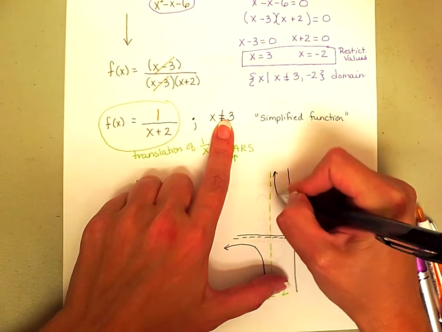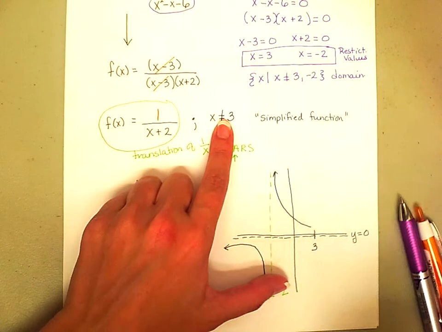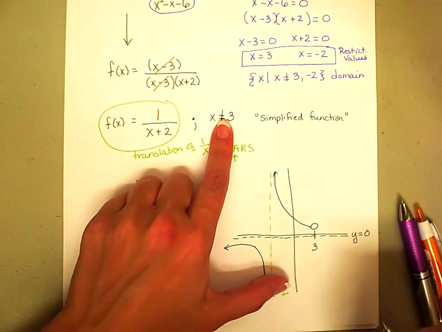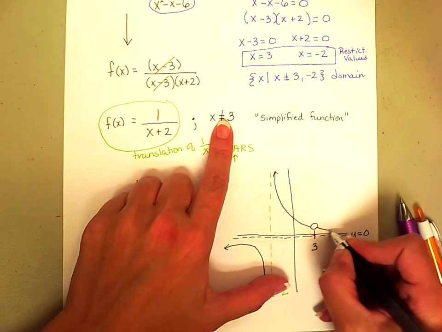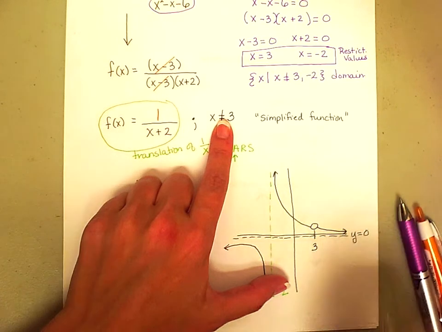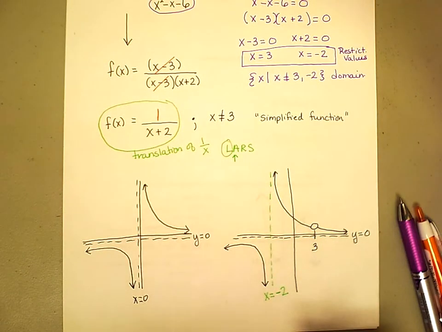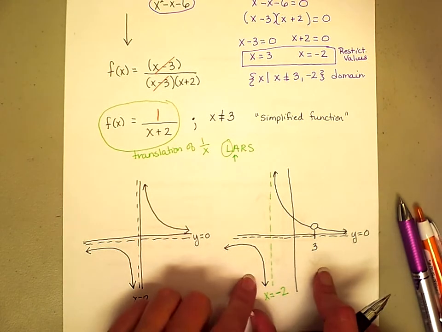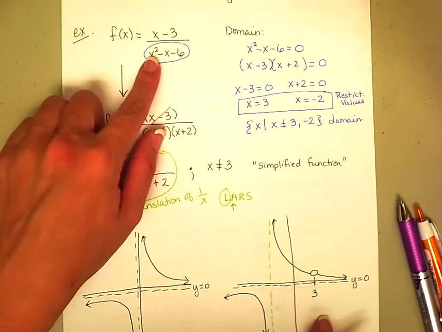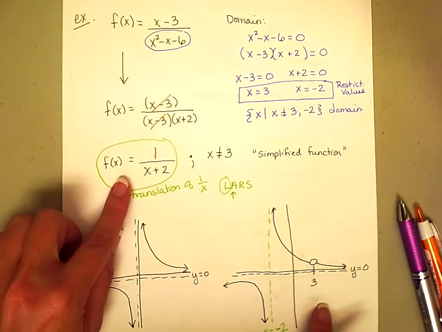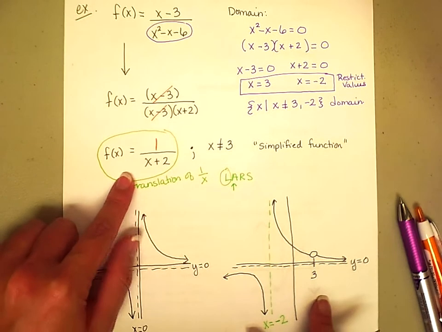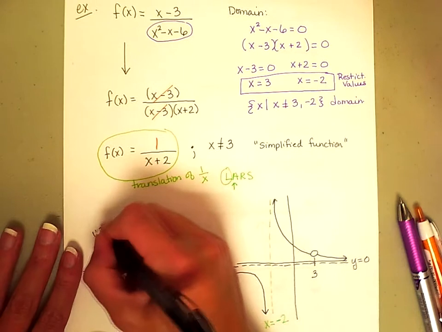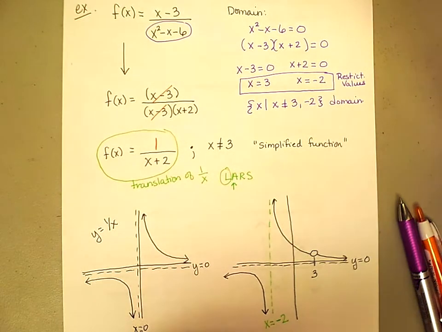So every point will shift over until we get to x equals 3. And that value does not exist on the graph. And this is the graph of our original function, this is the simplified function, which is just a translation of our y equals 1 over x, our parent function.